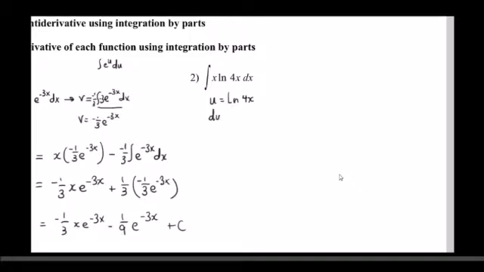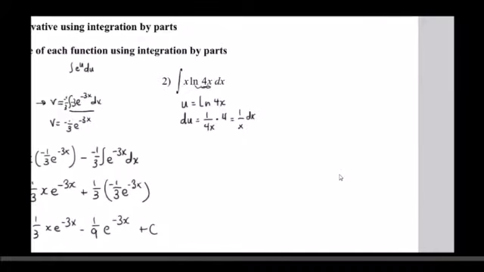Because when you find the derivative, it's 1 over 4x. Remember, the derivative of natural log is 1 over u times du, so the derivative of the denominator there is 4. So the derivative is 1 over x dx. So there's our u.